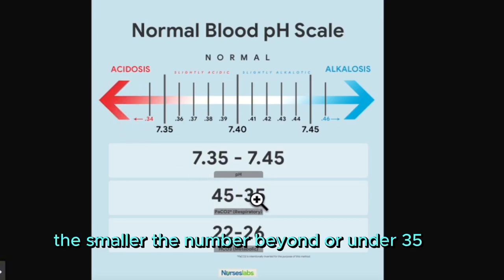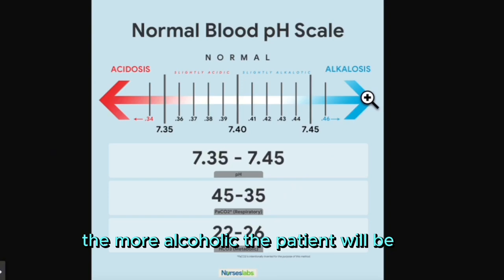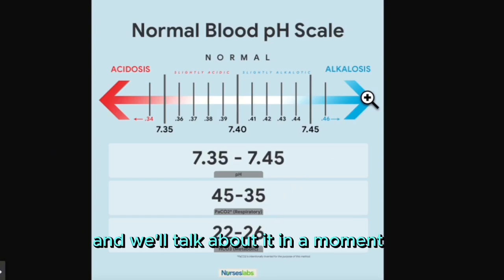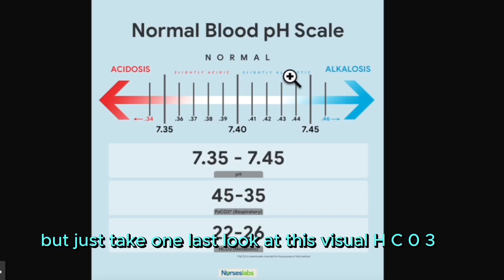The smaller the number under 35, the more alkalotic the patient will be. We'll talk about that in a moment, but just take one last look at this visual.